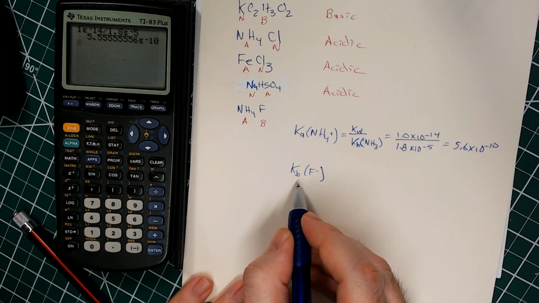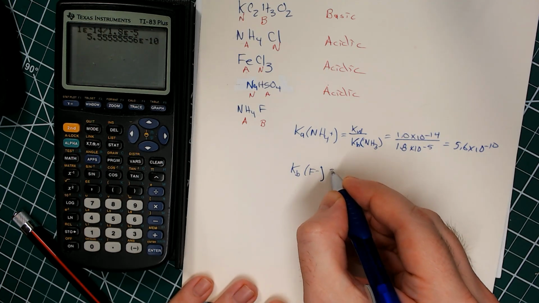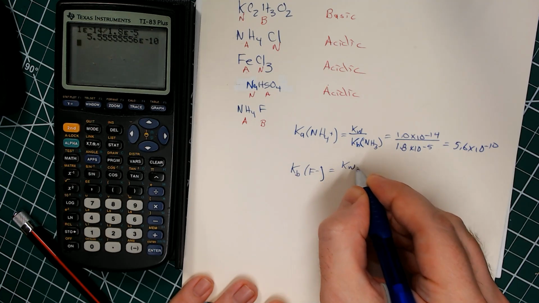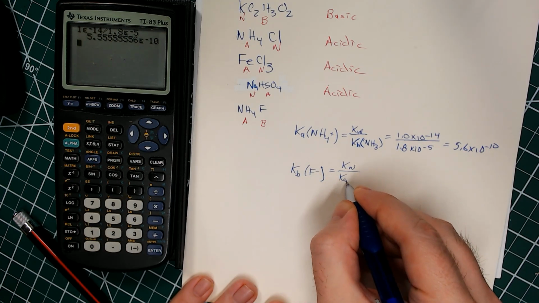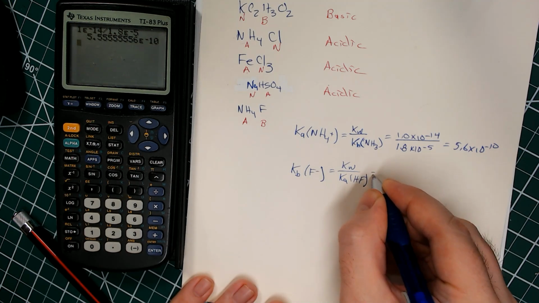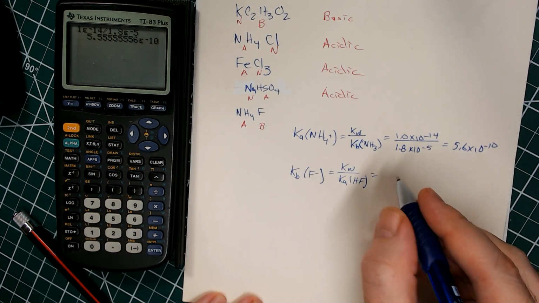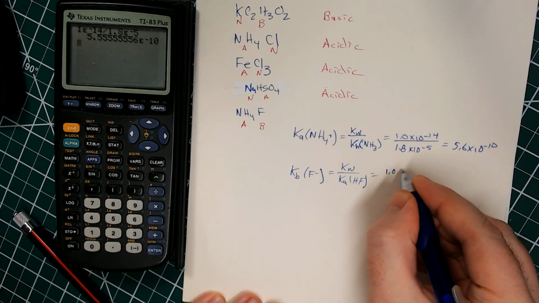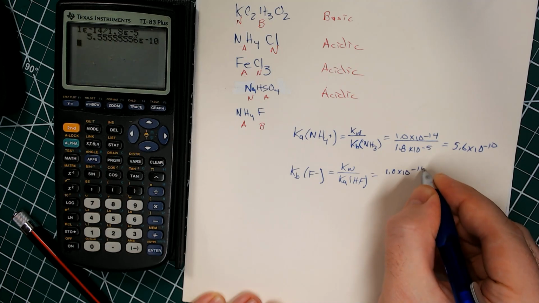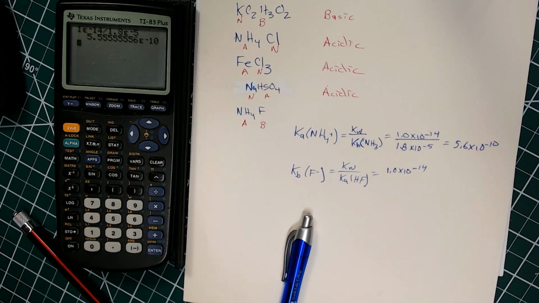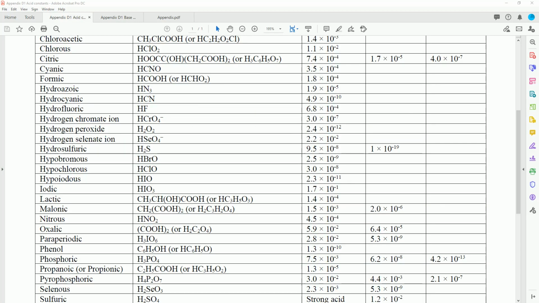Well, now we're going to look at Kb for fluoride. That is going to be equal to the Kw over Ka for HF. Well, Kw we already know is 1.0 times 10 to the negative 14. And then Ka for HF, I'm going to pull it up. So here is HF right there, 6.8 times 10 to the negative 4.